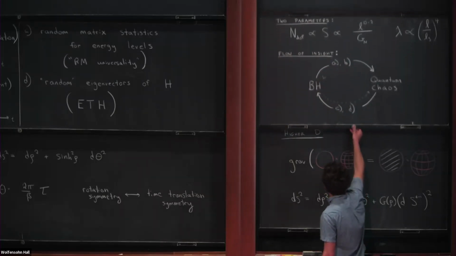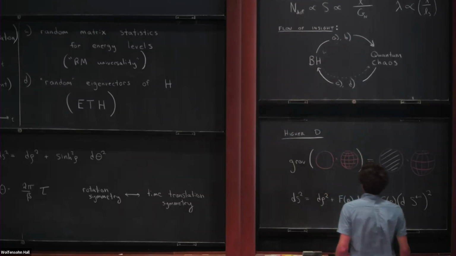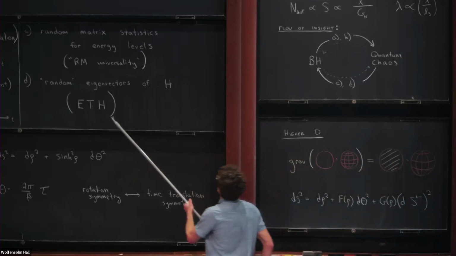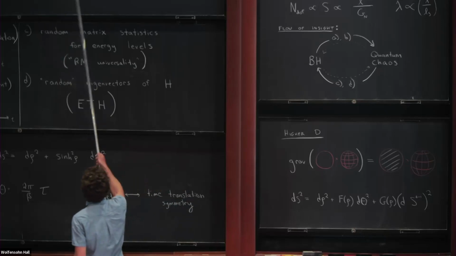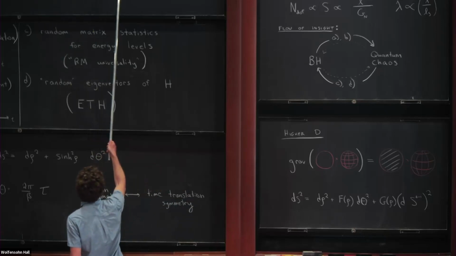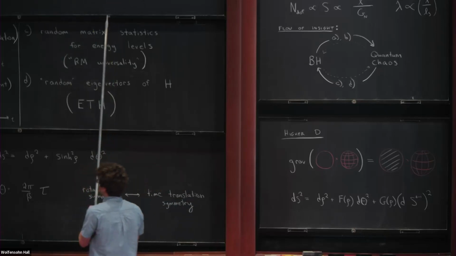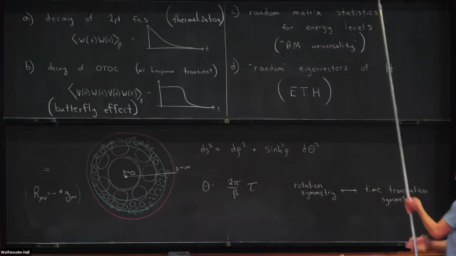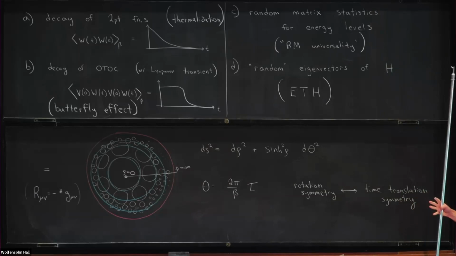So if we do it in higher dimensions, then we're supposed to start with, instead of just this circle, let's say, this thing. And the way the gravitational problem works is you take a copy of this, you make it super, super big, and then you fill it in with a solution to Einstein's equations.